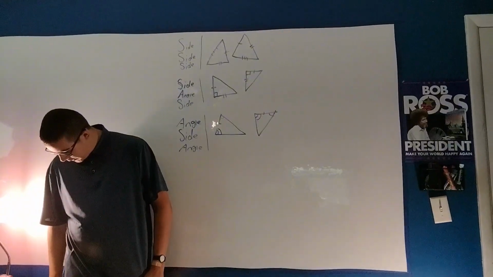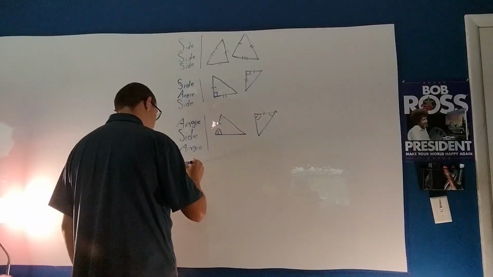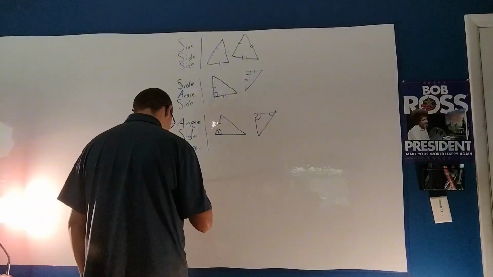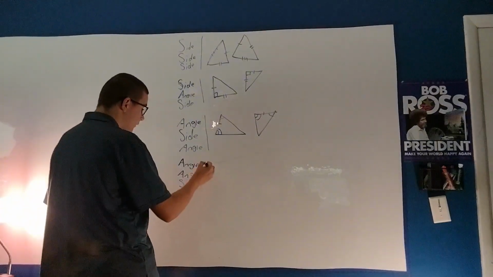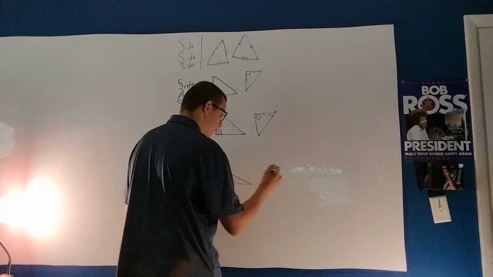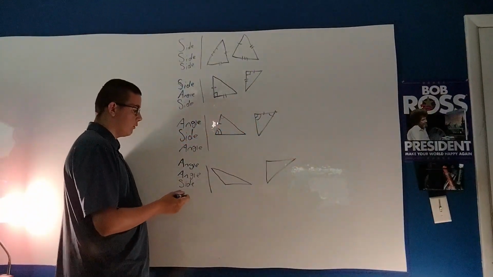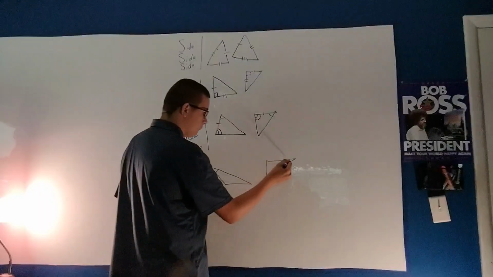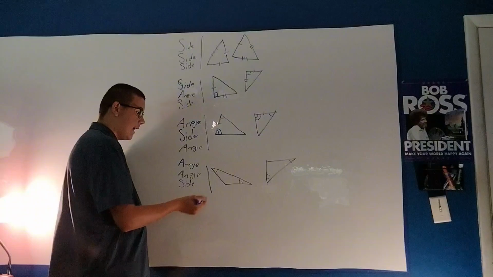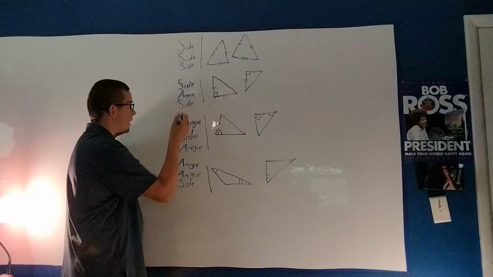From there, we have angle, angle, side. And this is when, just doing an obtuse triangle, you can prove any two angles you want are congruent, and then any side that is not between them, because if the side were between them, then you would have side, angle, side.